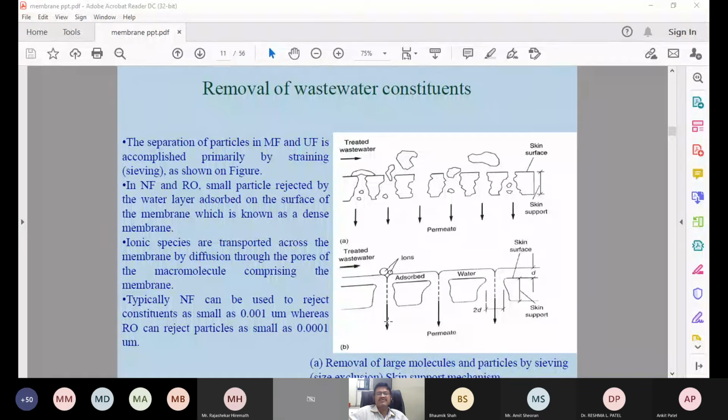Okay, because of the adsorbed water, ions will pass by diffusion, from higher concentration to lower concentration. So by diffusion it is passing.